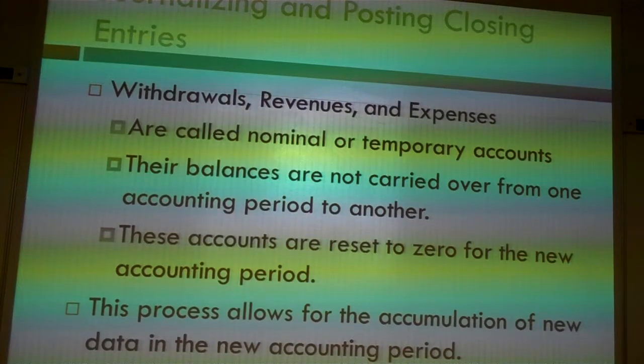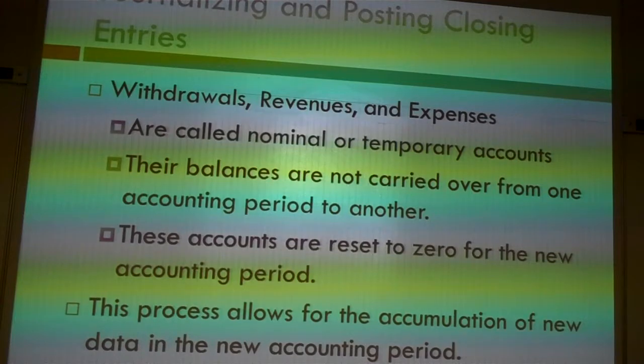It lets us keep track of what the new capital is for the owners of the business because we've subtracted the withdrawal. We're also going to have the net income and the net loss, just like we did on the statement of owner's equity. And it allows us to have the new data for the next accounting period.